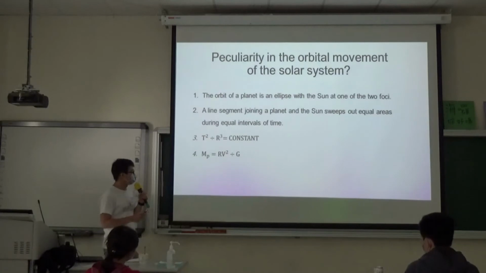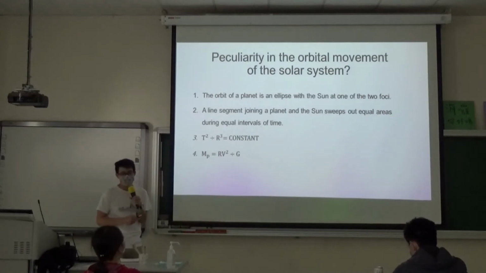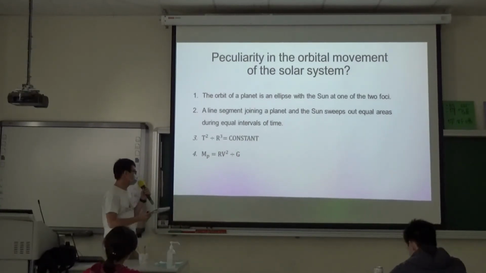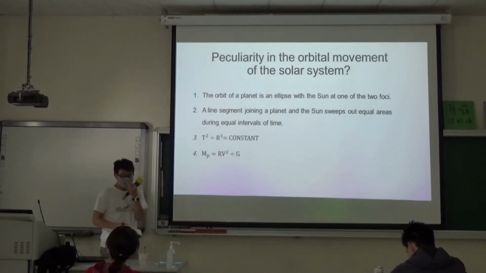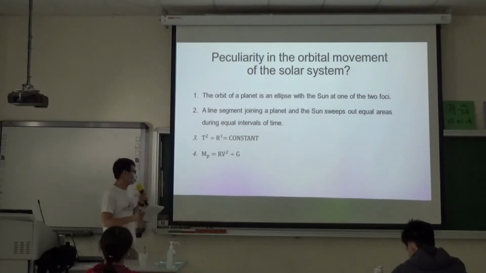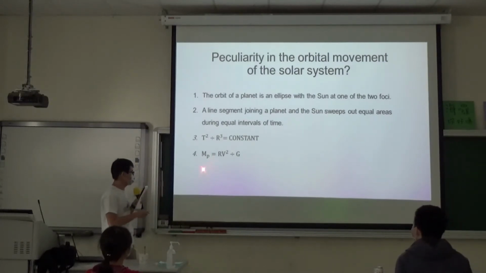And the third one is the constant. T is its period, R is its semi-major axis, the longer radius. And the mass is the mass of the host.